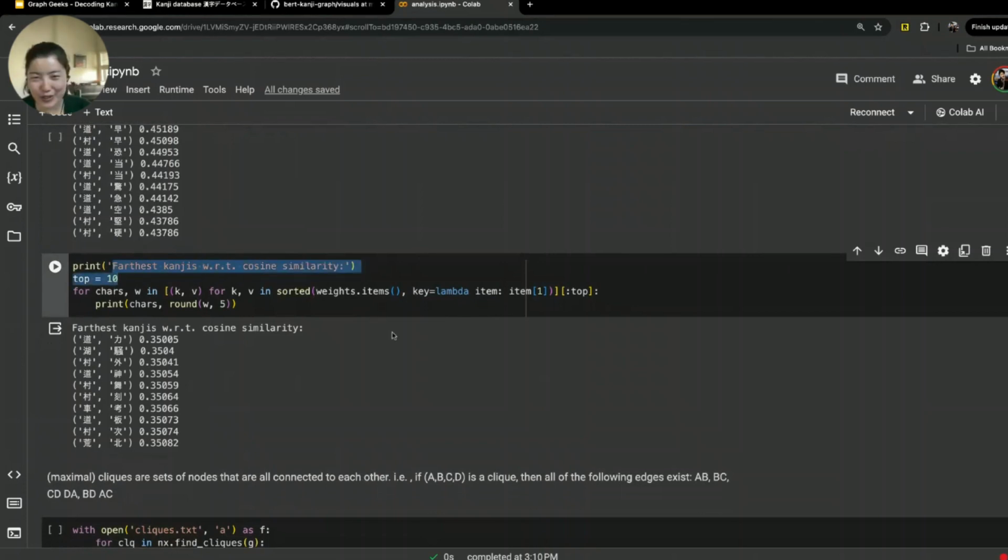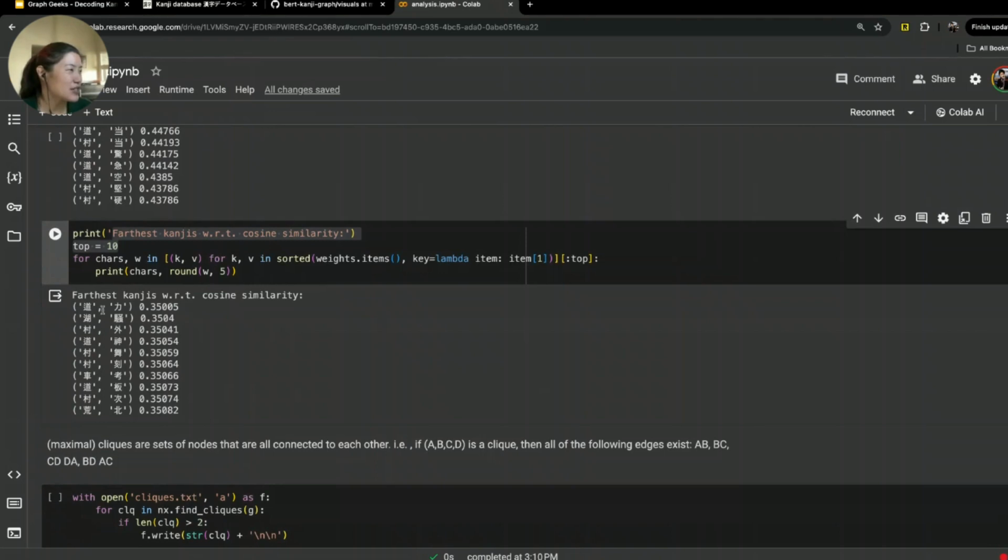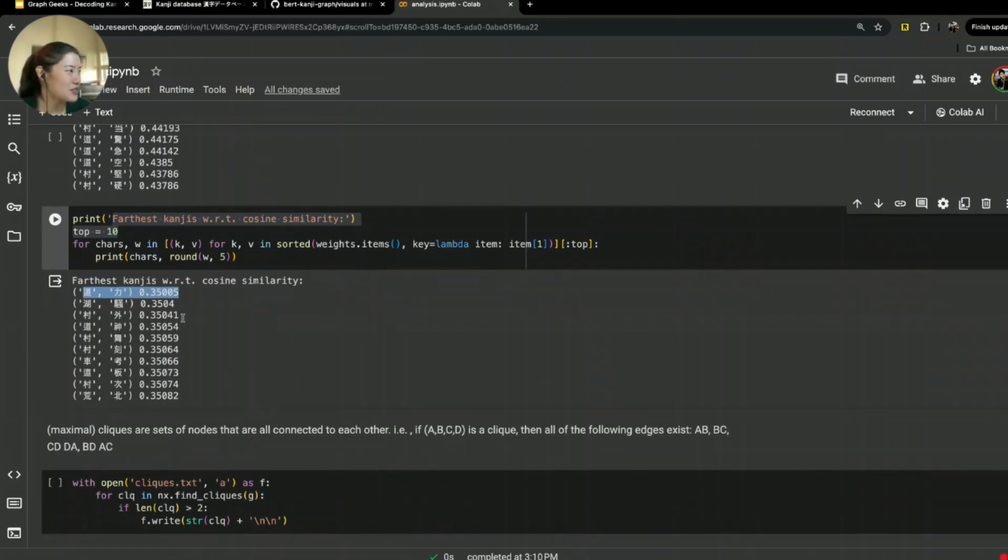Then I was interested in the opposite. What are the furthest away kanji? And I thought this was interesting. The furthest away by meaning and definition, versus the traditional classification of root, is actually, for road, the least close kanji character is strength. So that's kind of interesting.